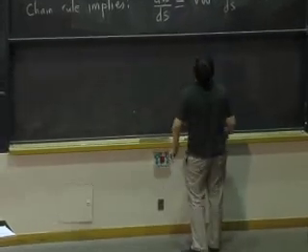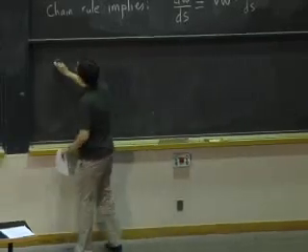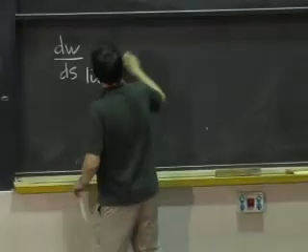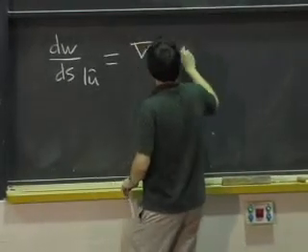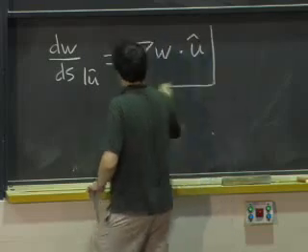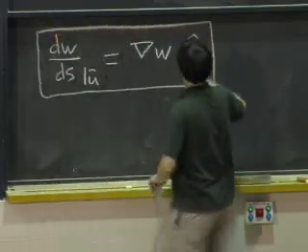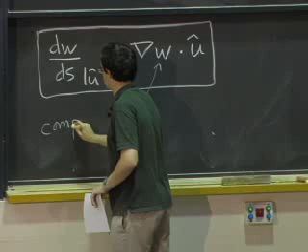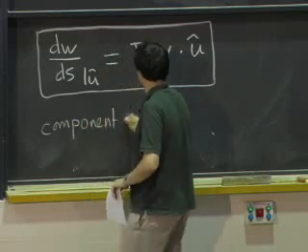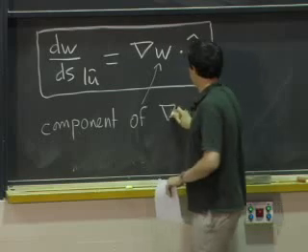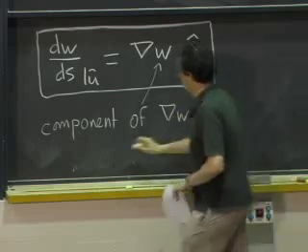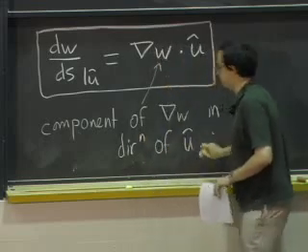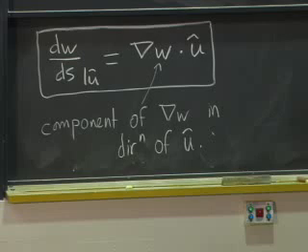So the formula that we remember is dw by ds in the direction of u is gradient w dot u. And maybe I should also say in words, this is the component of the gradient in the direction of u.